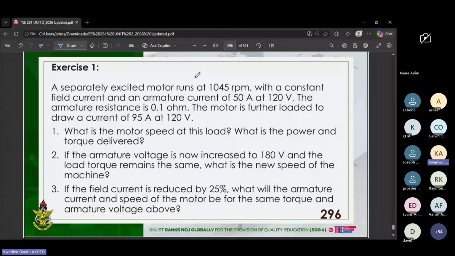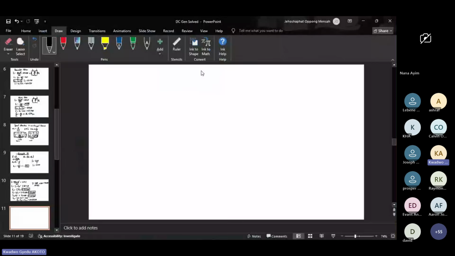Exercise 1: we have a separately excited motor. You can read this on your own. You know that our VA is equal to 120 volts. Our IA is equal to 50 amps.